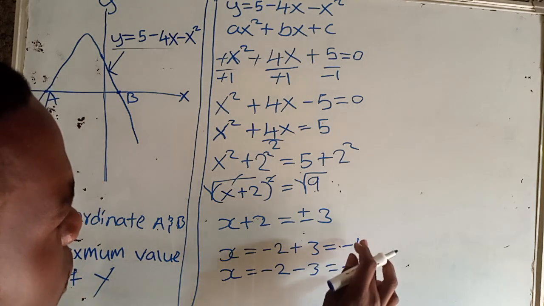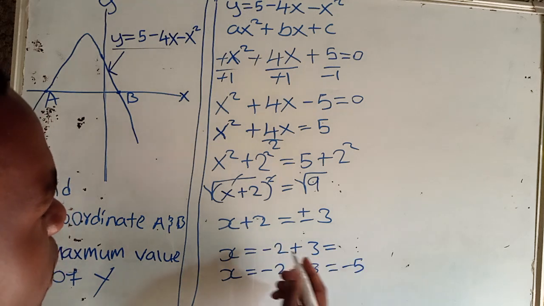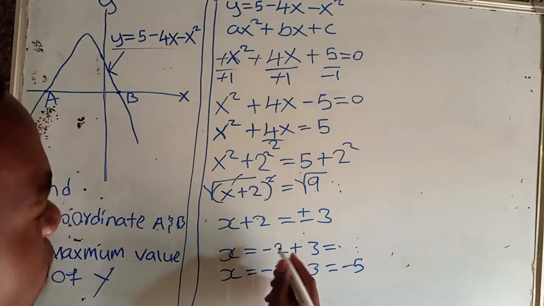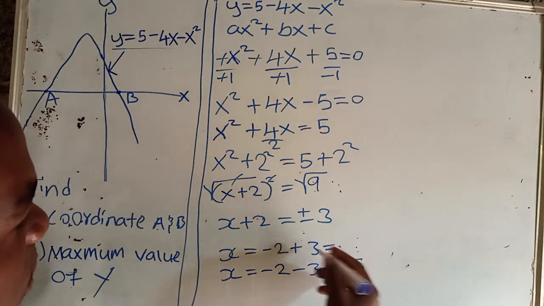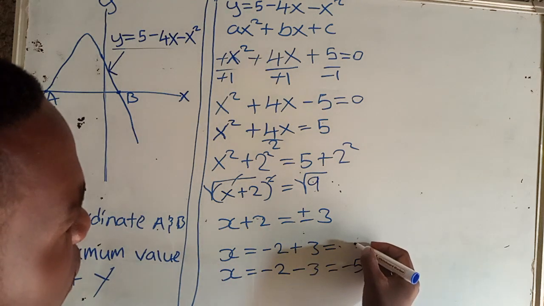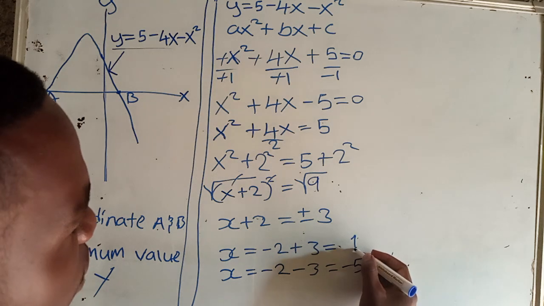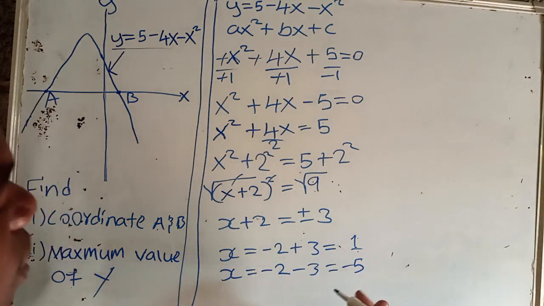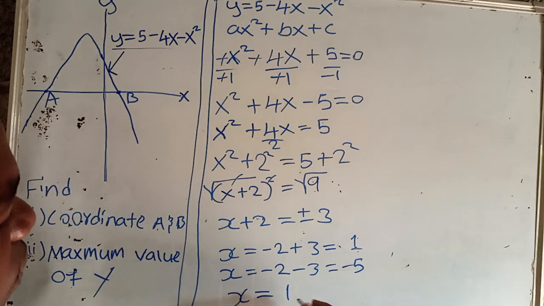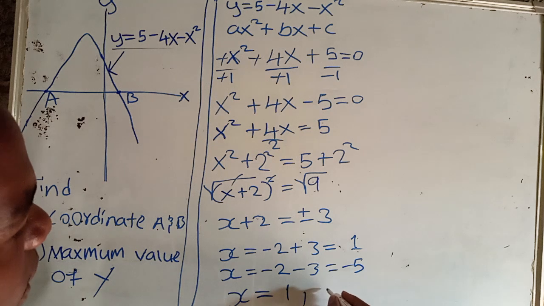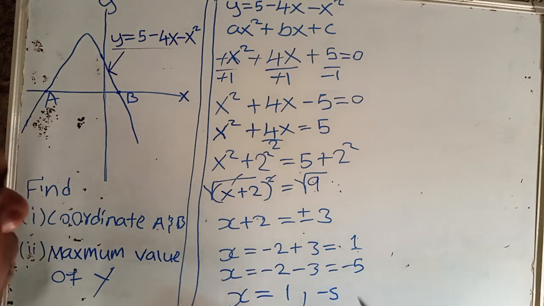Okay, so sorry, here we have made a mistake, because on a number line, if you are at negative 2, when you go 3 steps, you will be at positive 1. It will be a positive 1. So we have found that the values of x are either positive 1 or negative 5.